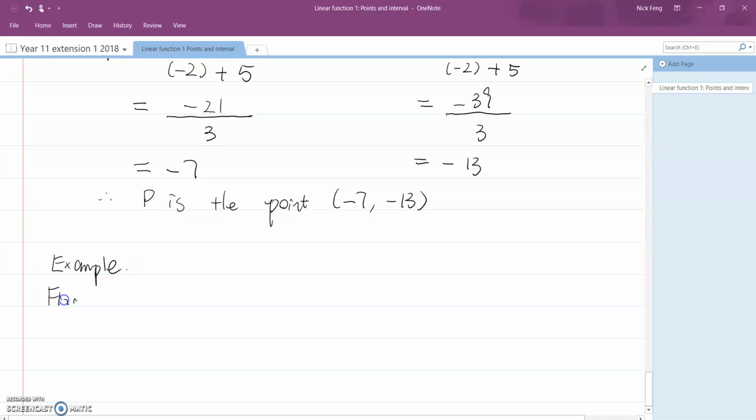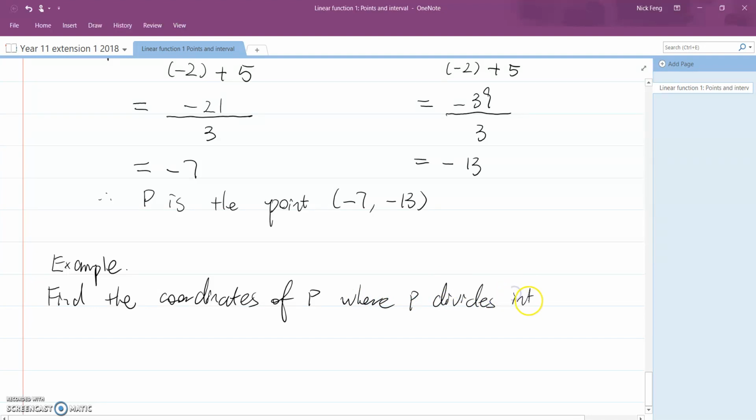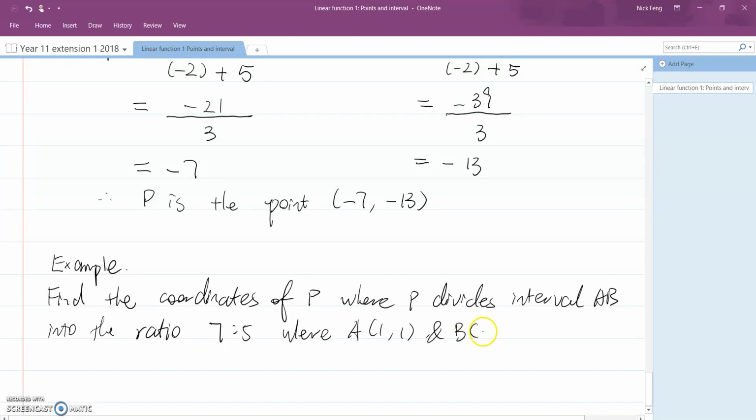Let's find the coordinates of P where P divides interval AB into the ratio 7 to 5, where A is (1, 1) and B is (5, 3).